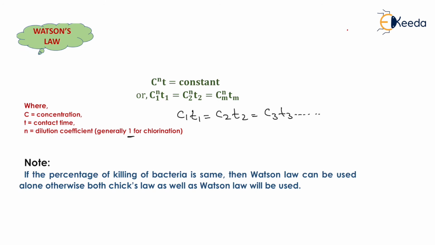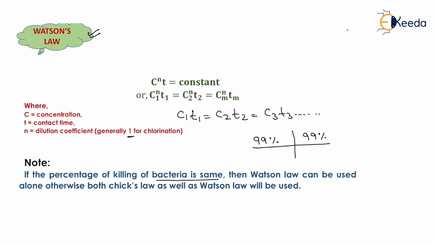Now one note: if the percentage killing of bacteria is the same, for example if the question mentions 99% killing of bacteria in two cases, then only Watson's law can be used for the determination of either concentration or time.